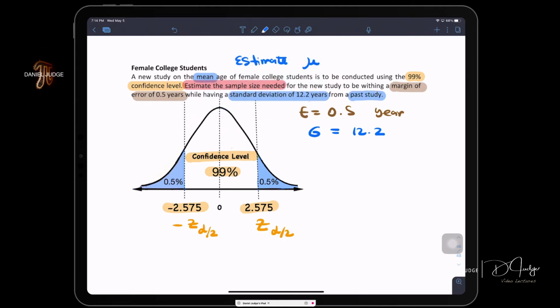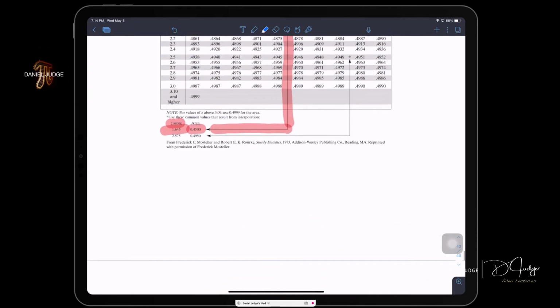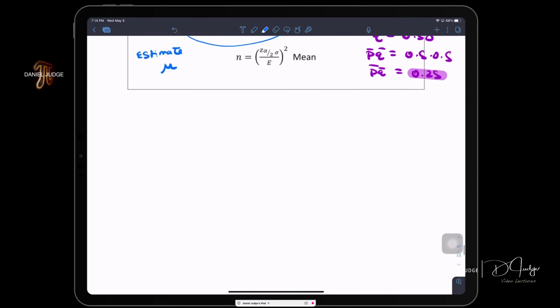So if we look at the margin of error formula for estimating a mean in a new study, because they told us a new study you're going to estimate a mean, we go back and look at formula number 3 here.